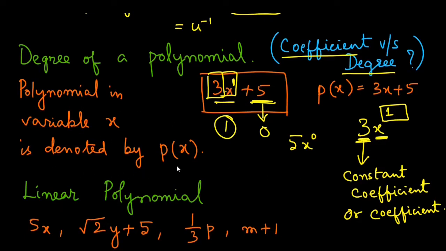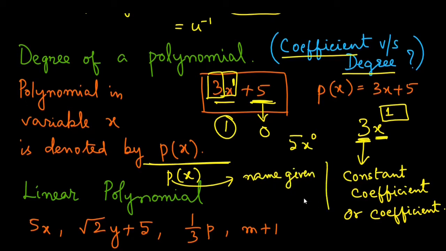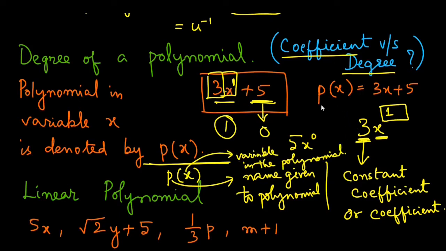Polynomials are generally denoted by some letters, generally p or f. When the variable in the polynomial is x, we write it as p of x. Here p denotes the name given to the polynomial, and x is the variable in the polynomial. So here p is the name given to the polynomial 3x plus 5. x is the variable used in the polynomial.